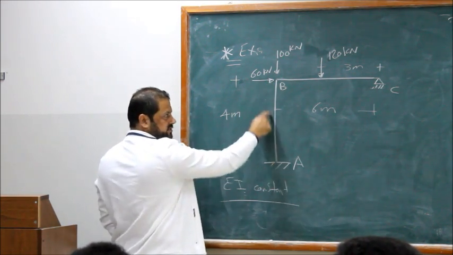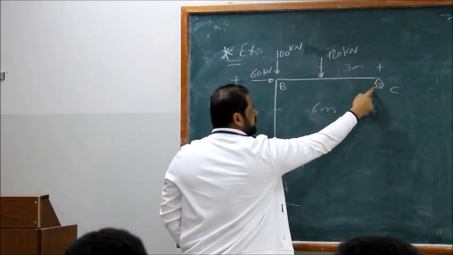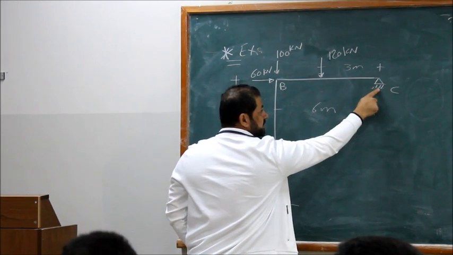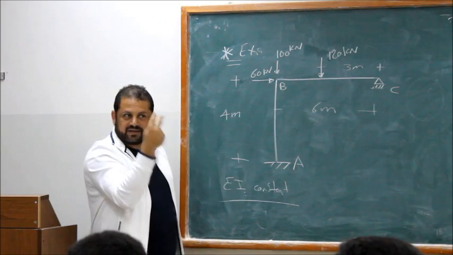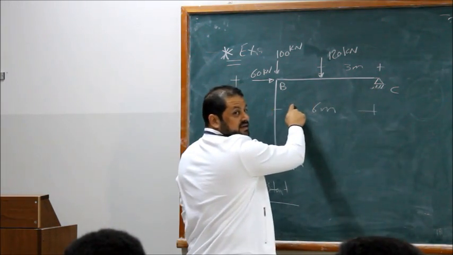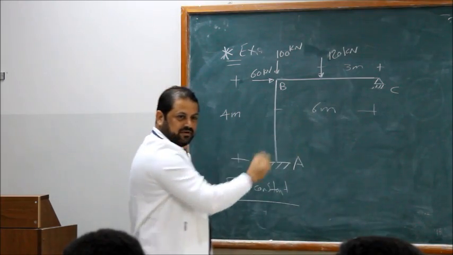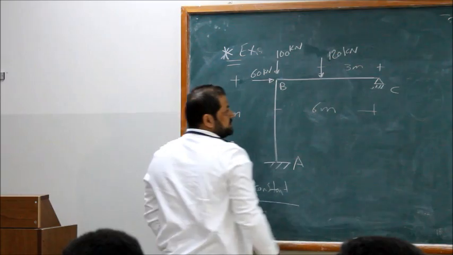Two equations, three unknowns. If you look at this span, it's an end span with far end pin, so we have one equation. You can have two equations, by the way. You can apply the two equations, MBC and MCB, but MCB you put equal to 0. You can use it if you want to calculate one of the thetas, theta C.